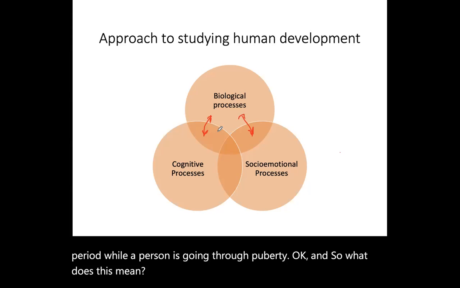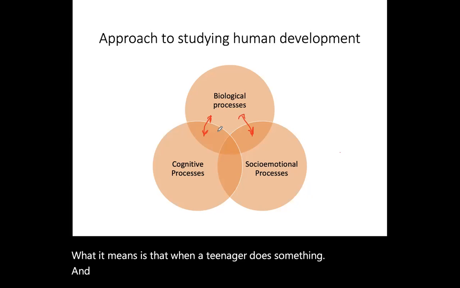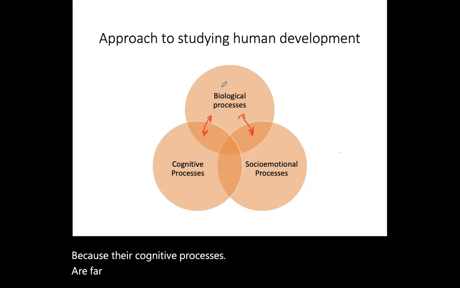Well, what it means is that when a teenager does something and they answer they don't know why they did it, they probably don't, because their cognitive processes are far behind their biological processes. Think about it.